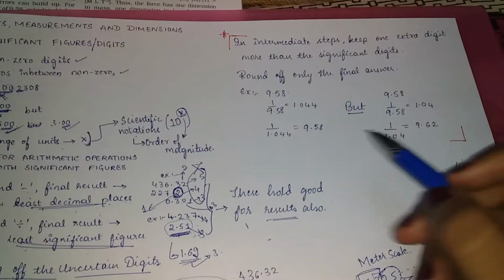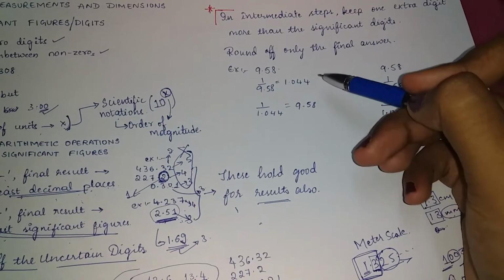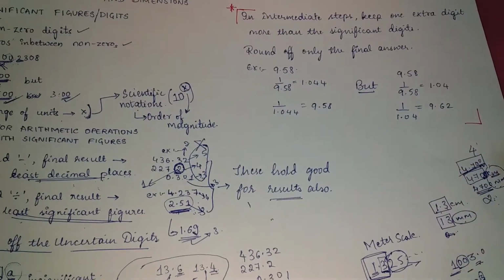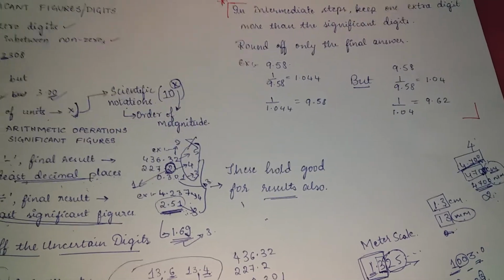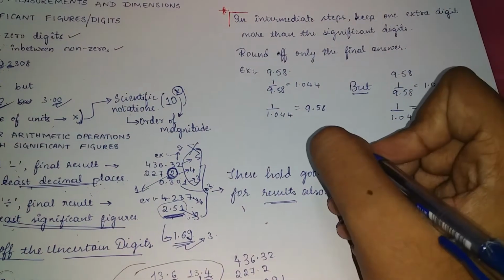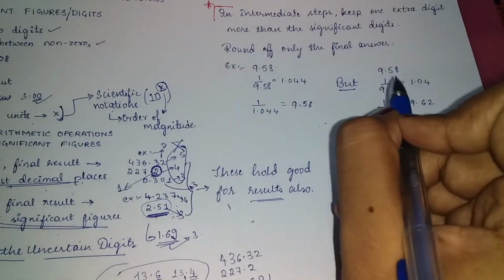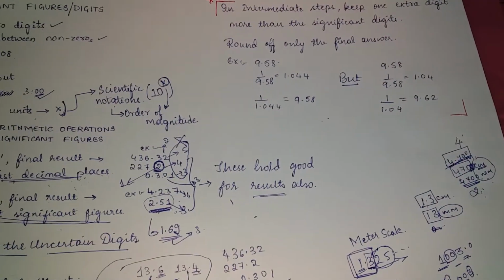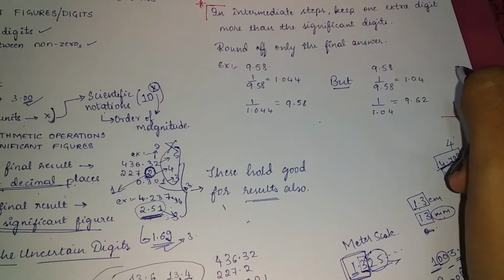In simple words, in intermediate steps of a multi-step computation, keep one extra digit more than the actual significant digits, because this is the example you will see, and this is the doubt every student will get while solving the questions. So round off only the final answer, not in between.